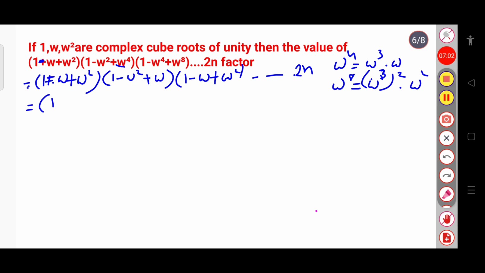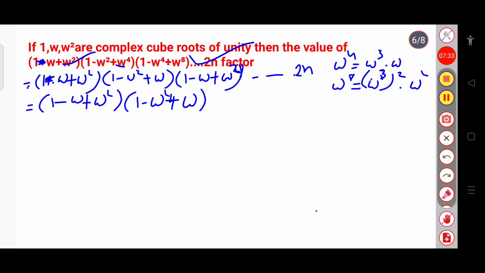So, this will be 1 minus omega plus omega square, the first term only. Then this will be 1 minus omega square plus omega. Here you can see that this term is 1 minus omega plus omega square, and here also this is 1 minus omega plus omega square.